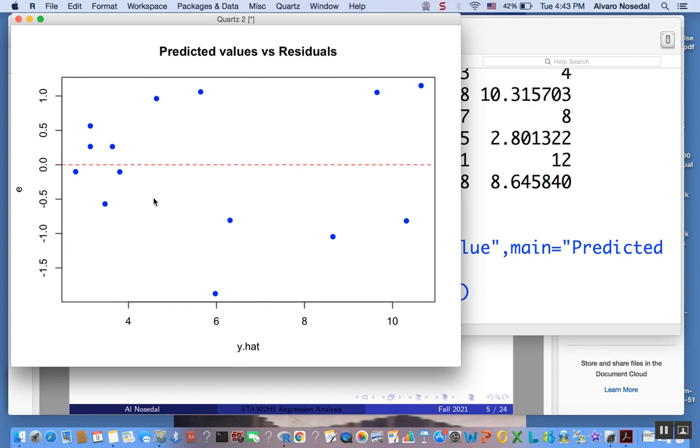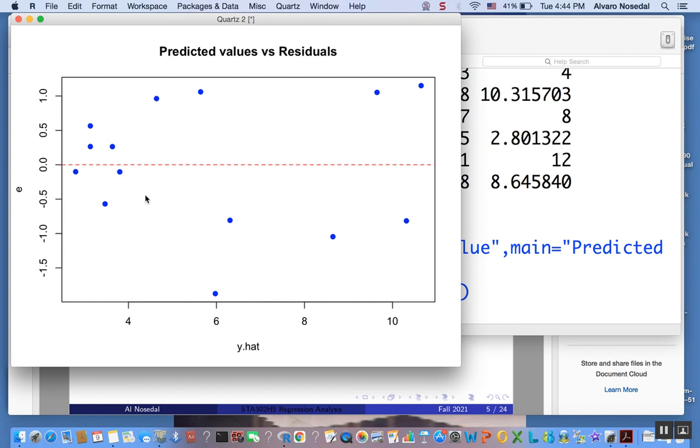The other one would be doing what we did at first, making a graph of the residuals against the predictor variable, and see if we had a random pattern. We didn't want to see a pattern in that case, because if we saw a pattern, that would be something that we should be concerned about. It would mean that the linear model is not a good idea. Okay, so that's the first one.